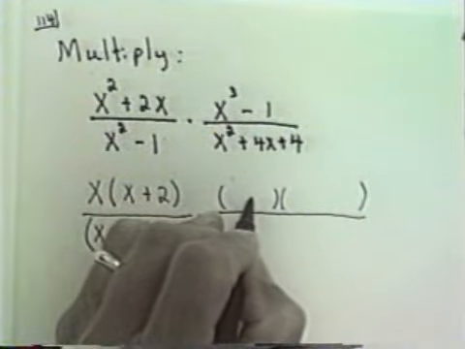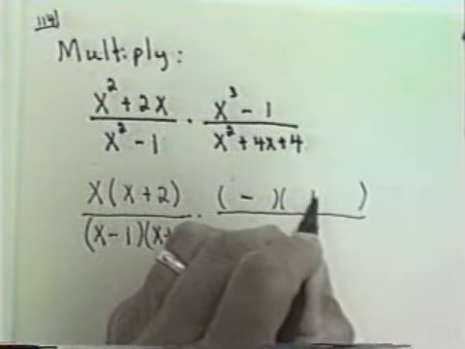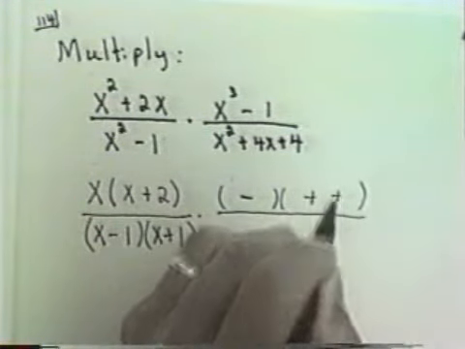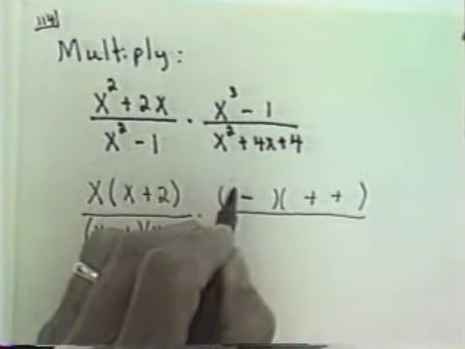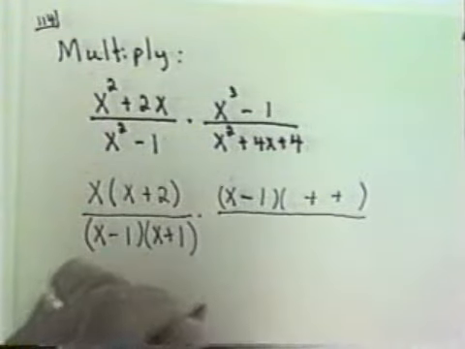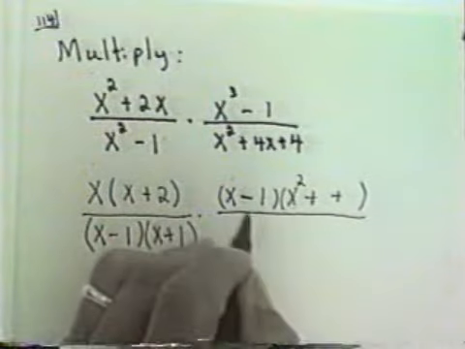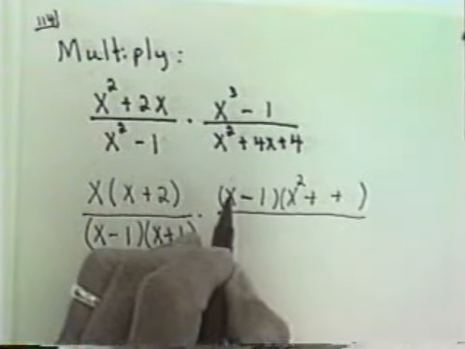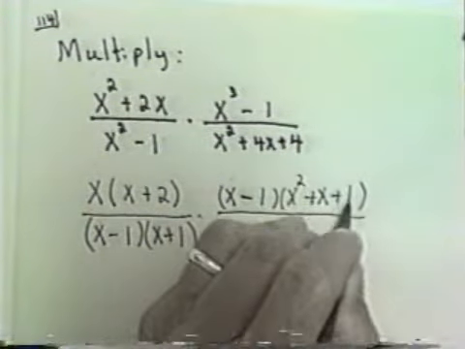The sign in the binomial is the same as the sign in the problem. This is opposite the sign of the binomial. The third one's always positive, so I'll put my signs in first. The cube root of x cubed is x. The cube root of 1 is 1. Now x times x is x squared. X times 1 is 1x. 1 times 1 is 1.